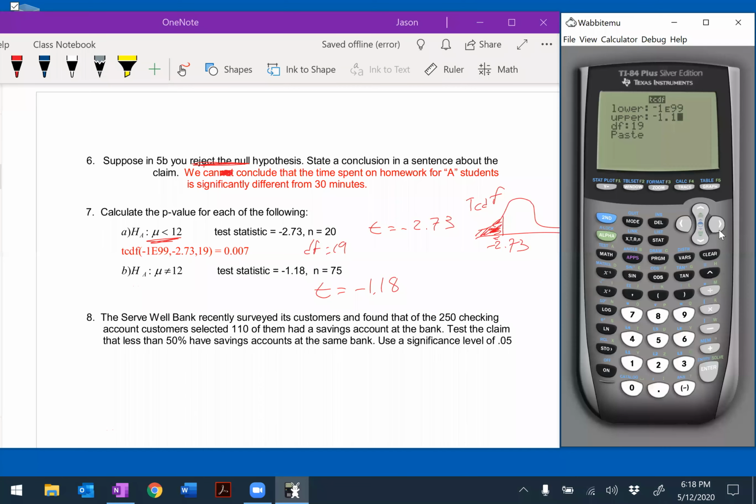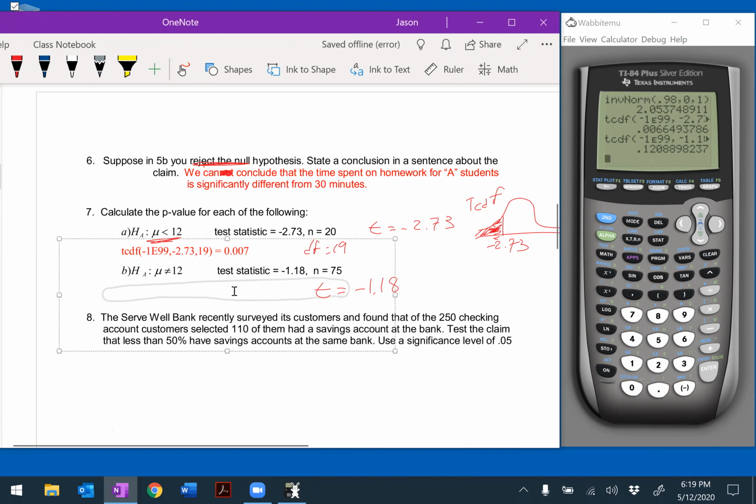And the degrees of freedom this time is 74. I'm going to hit paste, and we get 0.121. Hopefully that works out as well.